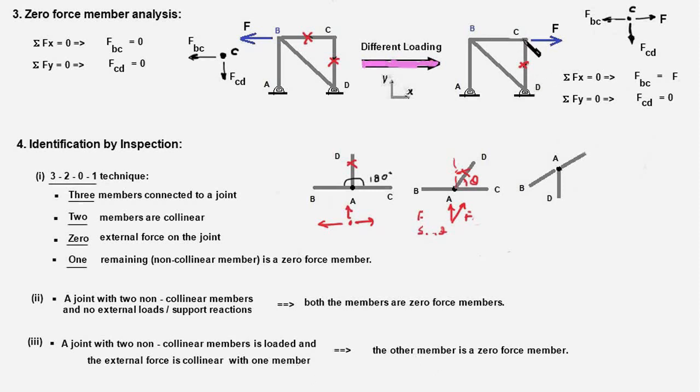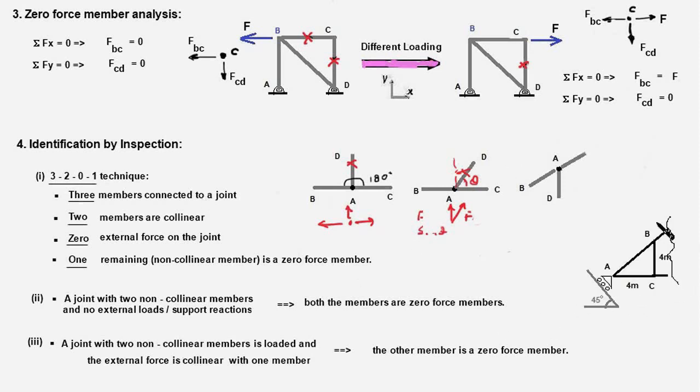There is a load on this joint, and this load, the external force, is aligned with this member BC, and therefore the other member, that is CD, would be a zero force member. So these 3 rules, rule number 1 and rule number 2 and 3, will cover all the possibilities of zero force members in a truss.